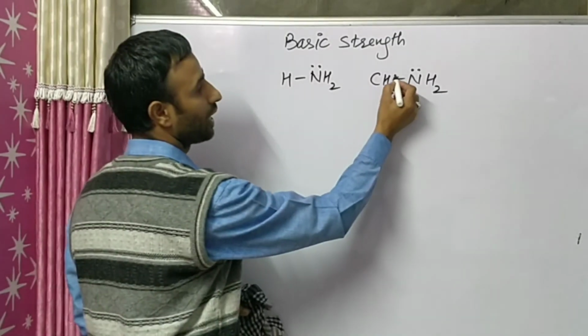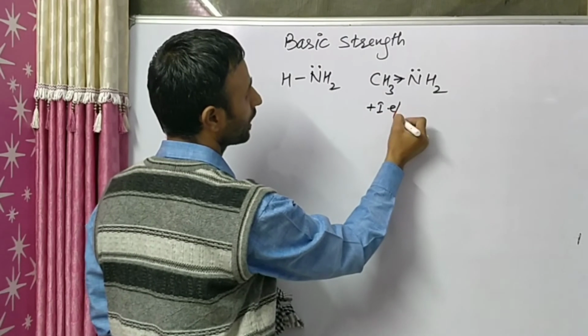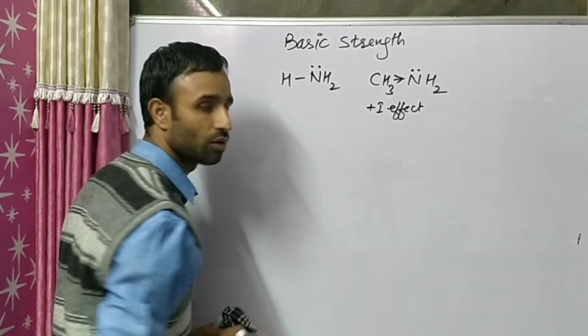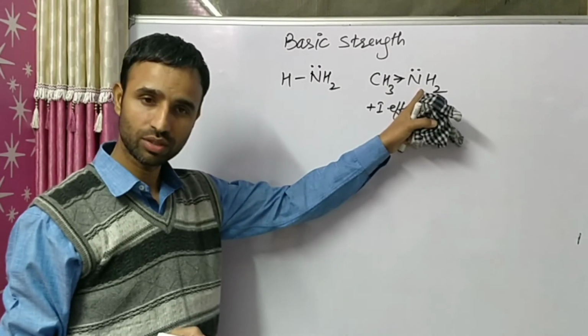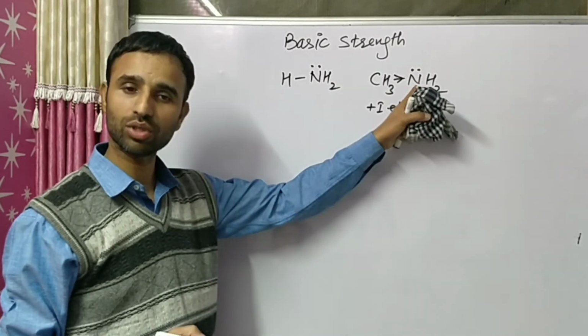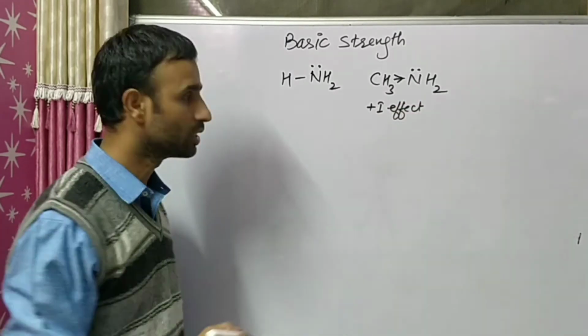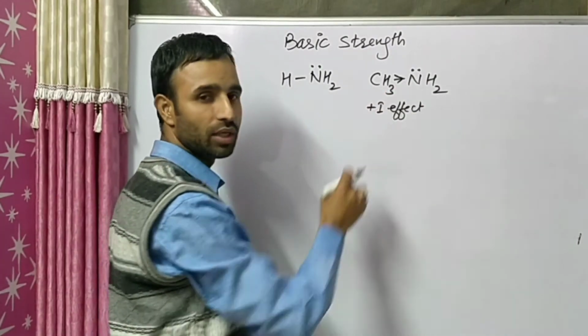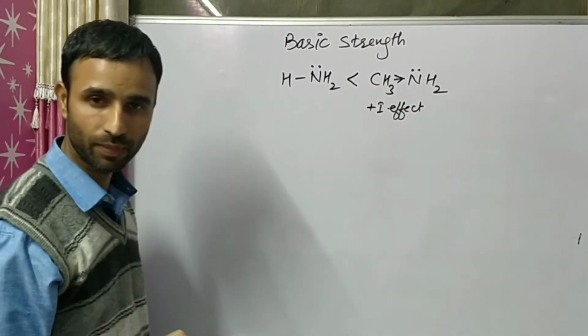Methyl has a plus I effect, so it donates electrons to nitrogen. So electron density on nitrogen increases, so its electron donating power increases. That's why methylamine is more basic than ammonia.